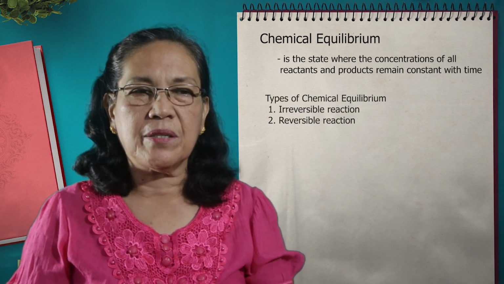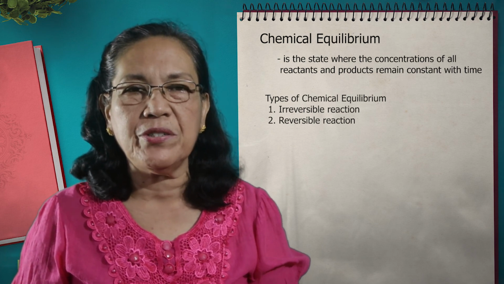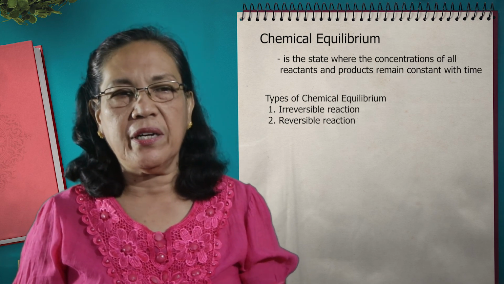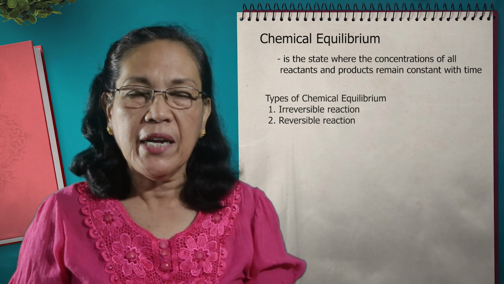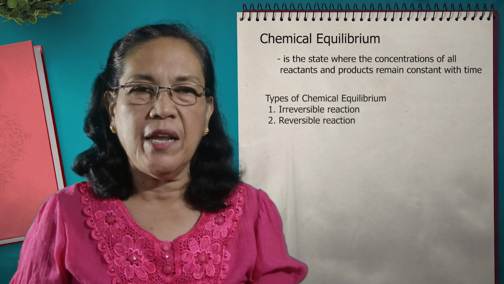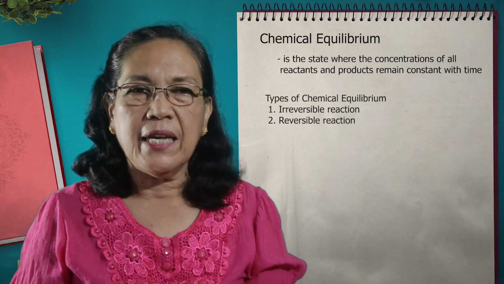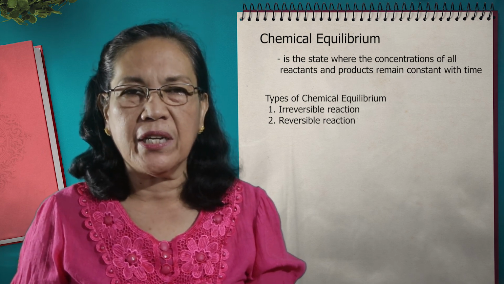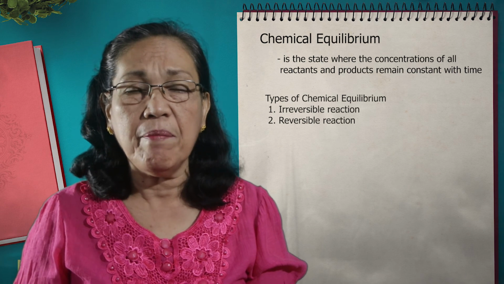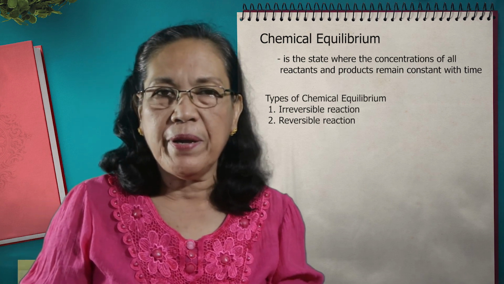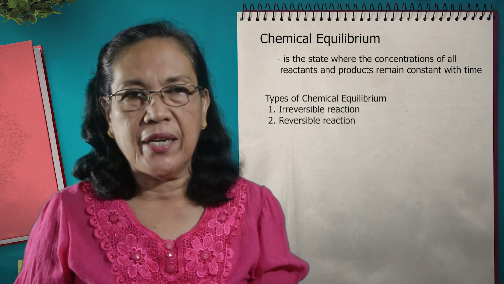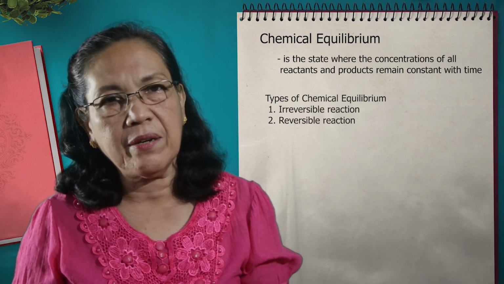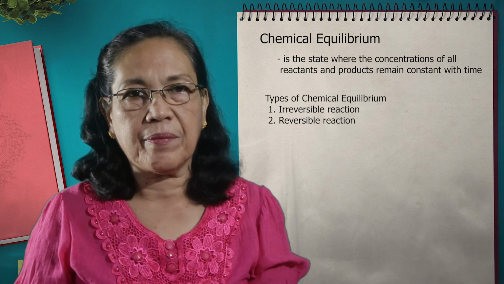Another one is the reaction between nitrogen and hydrogen. In the reaction between nitrogen and hydrogen, there is a formation of ammonia gas, plus, of course, the liberation of heat. And this reaction between nitrogen and hydrogen, forming ammonia, can reverse, forming back nitrogen and hydrogen from the product, which is ammonia.